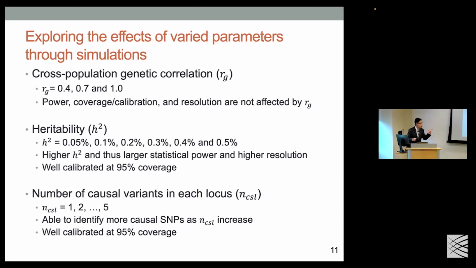And heritability we set to different values. Intuitively, higher heritability will have larger power and higher resolution. And the number of causal variants, we set to 1, 2, and even 5. In our method, we are able to find more causal variants as the number increases, and I think all the credible sets are well calibrated with the 95% coverage.